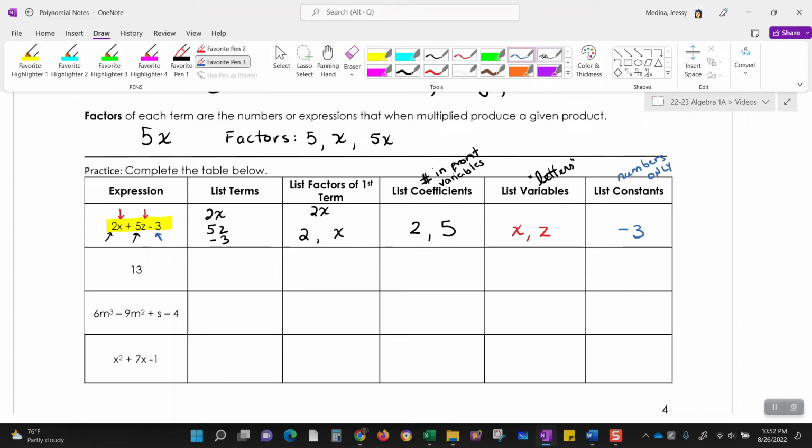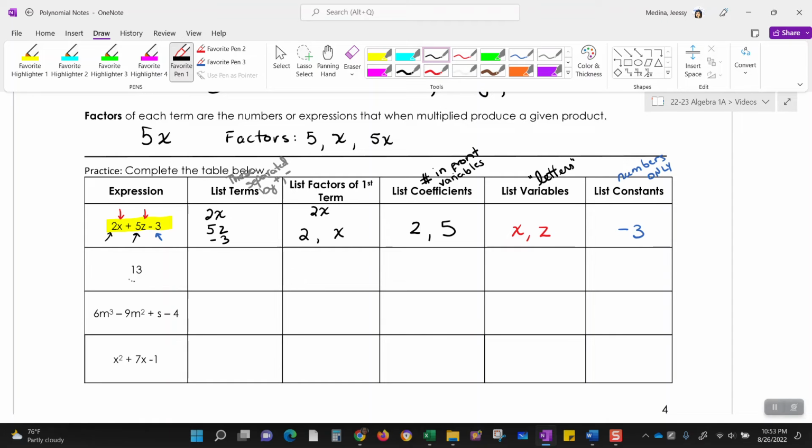Let me go ahead and write down what the terms are. These are the ones that are separated by pluses or minuses.